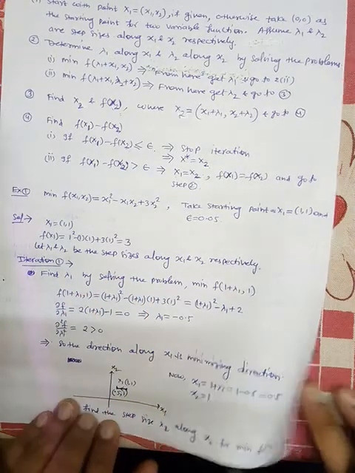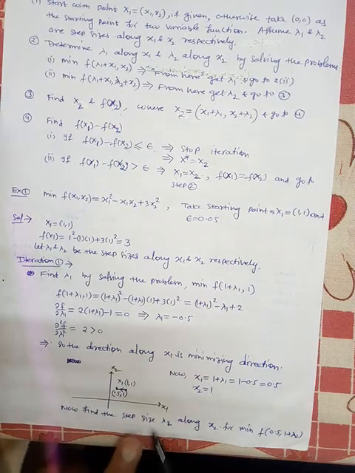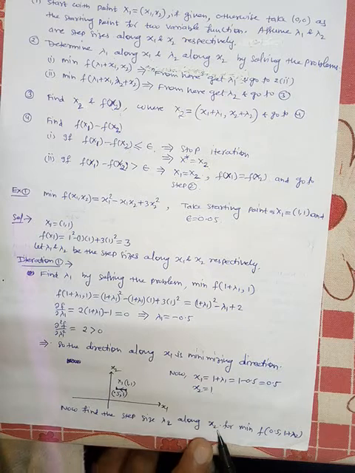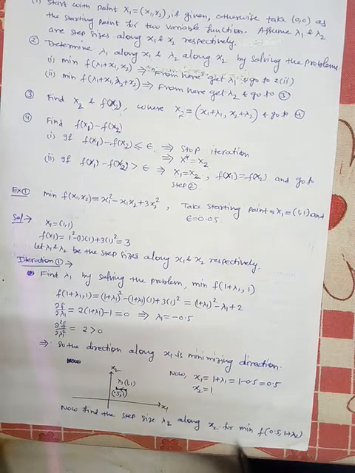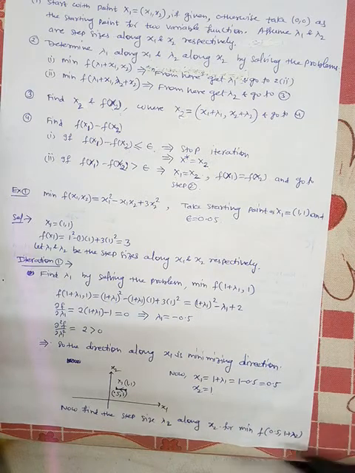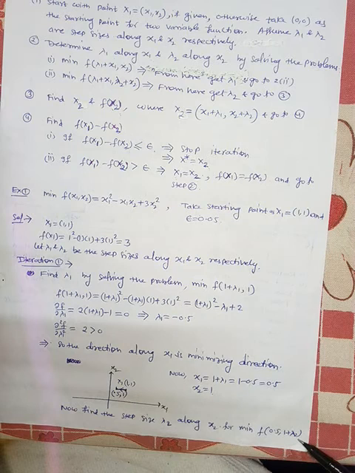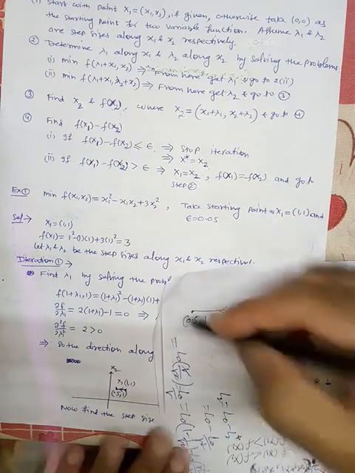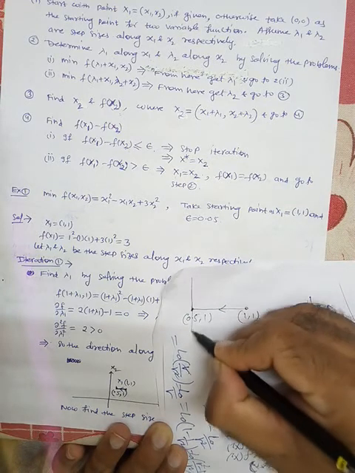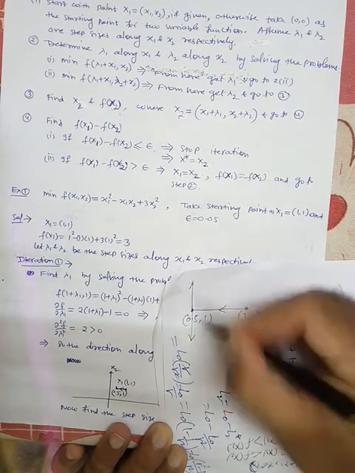Now find the step size lambda 2 along x2, for the minimum of f(0.5, 1). Here x1 is constant and variation is done in the y direction, so 1 plus lambda 2. Because our interest is in the y direction, we are moving either in this direction or in this direction.